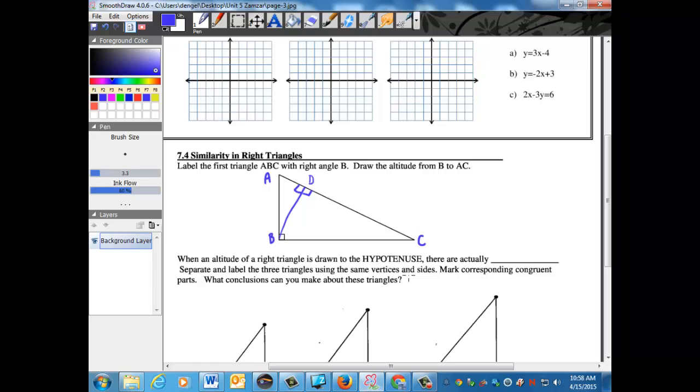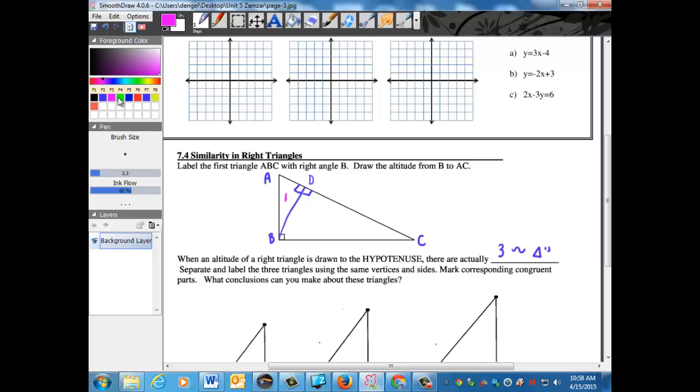Alright, next we read that when an altitude of a right triangle is drawn to the hypotenuse, there are actually three similar triangles. Okay, and let's change the color here. Here's our small triangle.